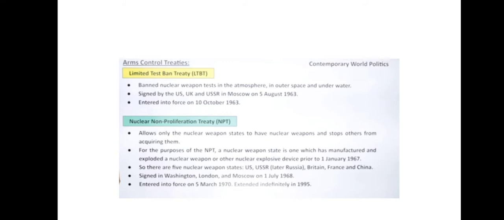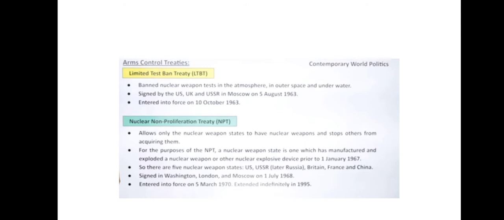Every treaty has its own objectives. So this treaty banned nuclear weapon tests in underwater, in the atmosphere and in outer space. So where can it be done? They allowed nuclear weapon testing underground so that no mass destruction can happen.